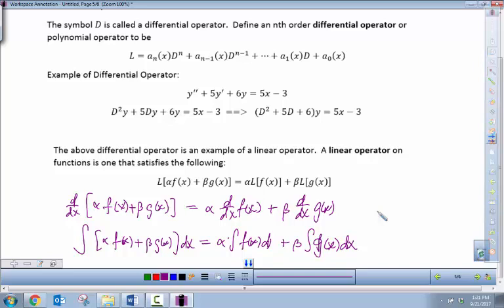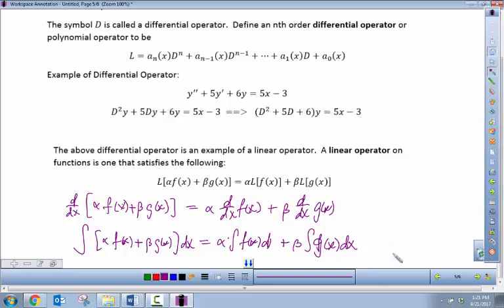So these two are linear operators, and I'm sure at some point your calculus teachers tried to convey this information. I did when I was teaching Calc 1 and Calc 2. I said, this is a linear operator.